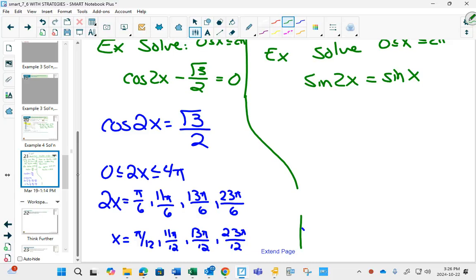The other one, though, has a sine 2x and a sine x. That says you should change it to one of its formulas. And if you're tempted to divide here, factor instead.